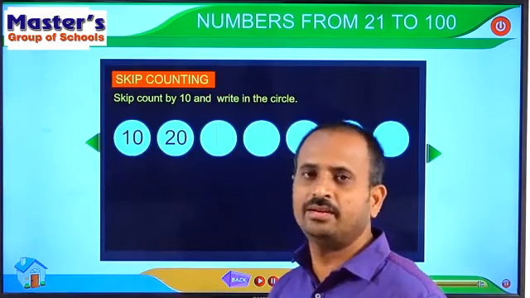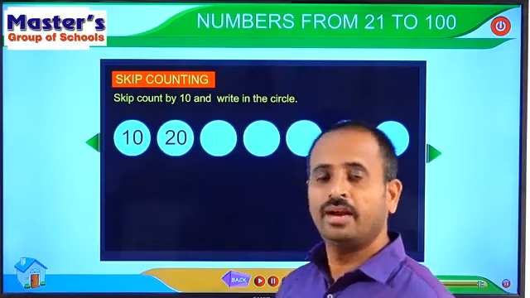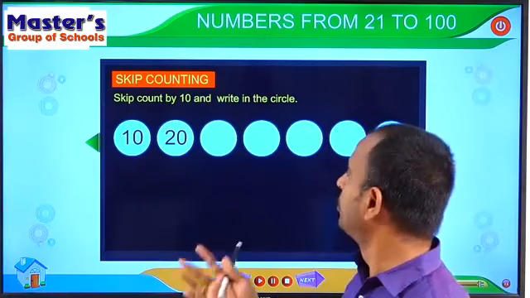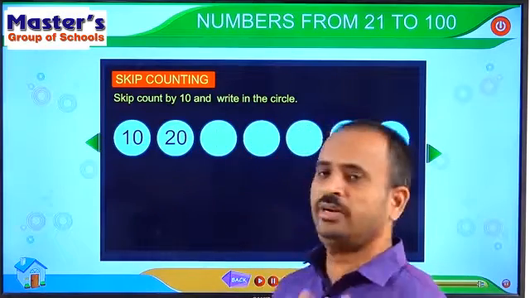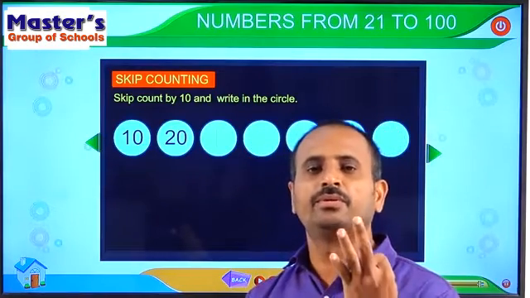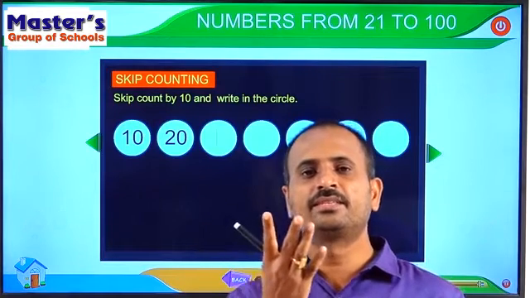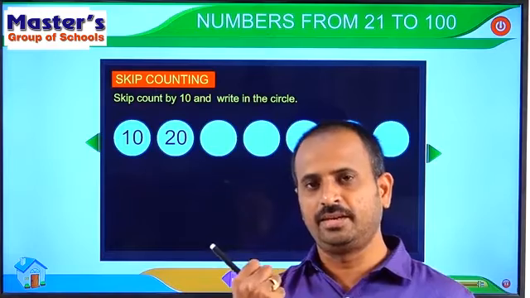If you add 10 to the 10, we will get 20. And again add 10 to the 20. If you add 10 to the 20, how much will you get? You will get 20, after it 21, 22, 23, 24, 25, 26, 27, 28, 29, 30.